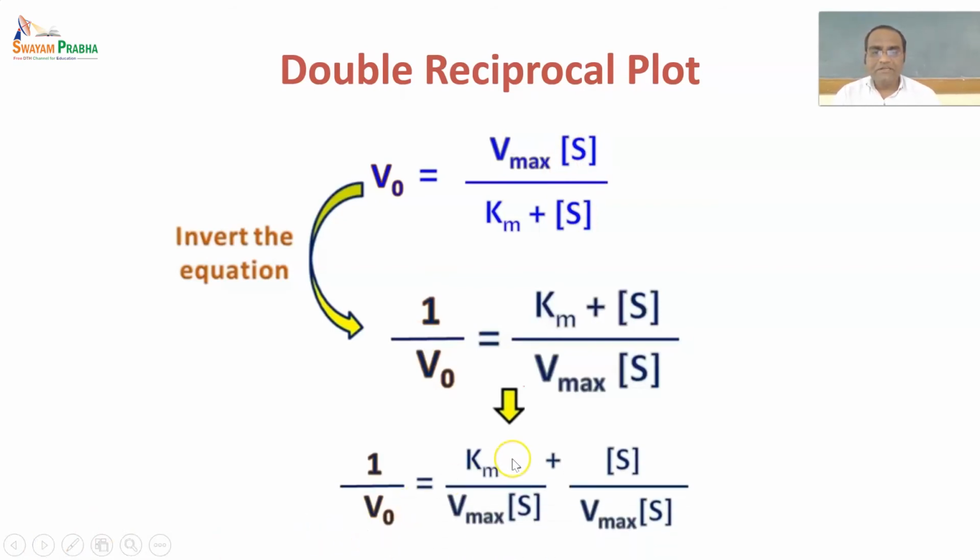After rearranging, we get Km divided by Vmax into substrate concentration, plus 1 divided by Vmax. So by rearranging, we get this type of equation.